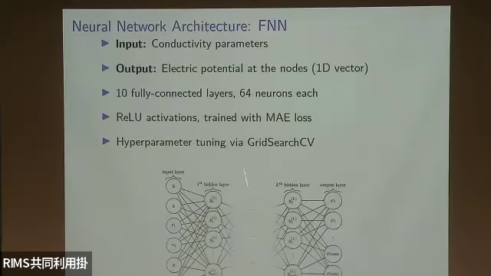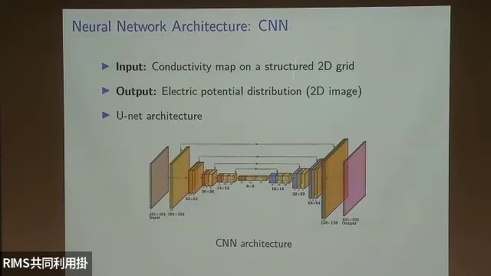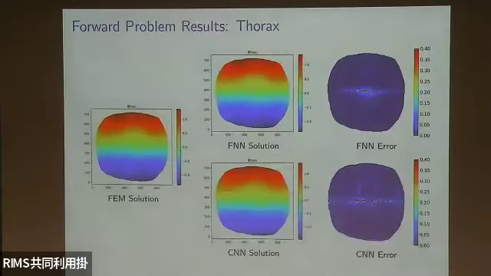And for the neural network, we use the standard FNN for the training, and just to compare, we also use CNN. So we use FNN and CNN to check which one works. For example, for case 1, this is the solution using the finite element method. This one is the solution using the feed-forward neural network, and this one is the solution using CNN.